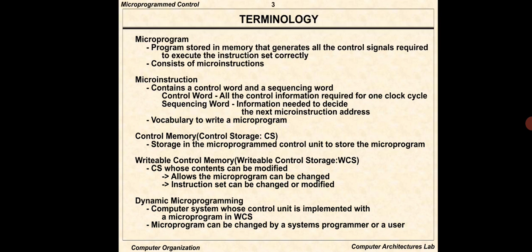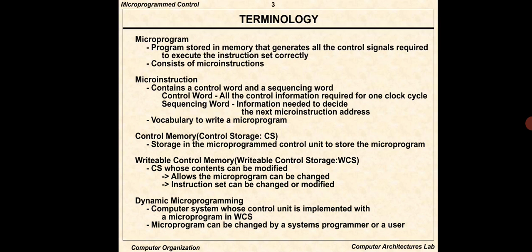So whatever control information we require for a particular cycle, that value will be stored in the control word. What do you mean by sequencing word? Information needed to decide the next micro instruction address. What is the address of my next micro instruction? That value will be there in the sequencing word.